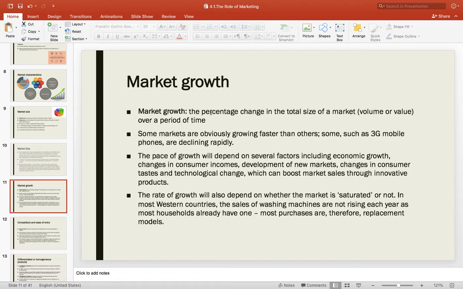Right now, with the whole coronavirus thing, many markets have grown enormously. Let's not go far away: the value of masks has grown enormously, and so has pharmaceutical, and several other markets since the pandemic. That gives us an example of market growth, and of the factors that boost market sales.